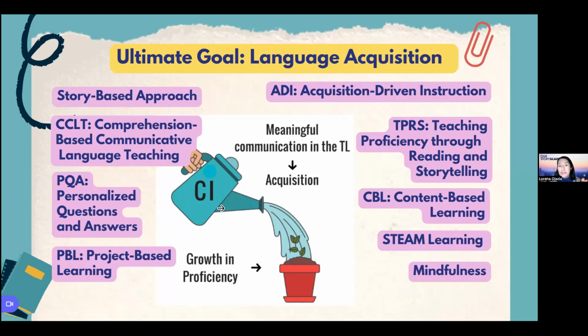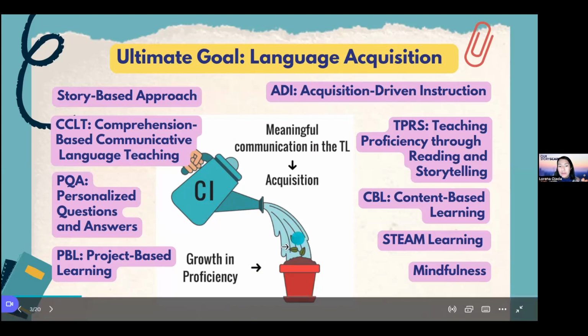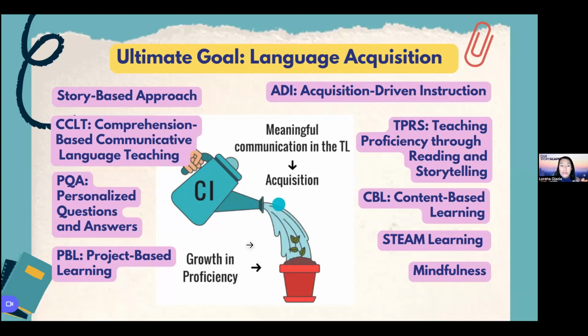By implementing these comprehensible input-based activities or strategies, we would like to develop students' acquisition, which is represented by this plant, and by nurturing that, represented by the water and all the strategies. The idea is for us to help students develop this growth in their abilities.